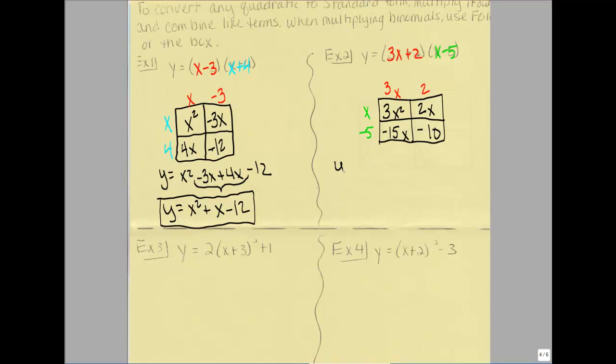And then we just add it all together. y equals 3x squared plus 2x minus 15x minus 10. And again, we combine like terms, and we will be finished. 3x squared. 2x minus 15x is negative 13x, and then minus 10.